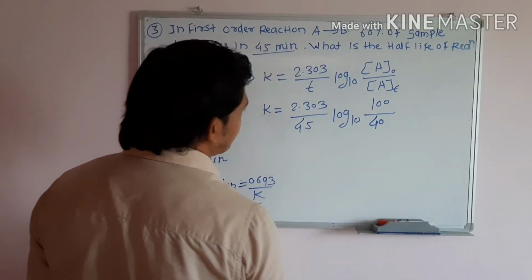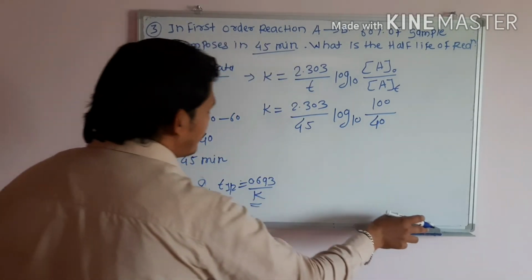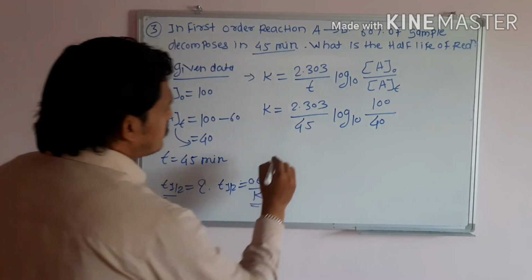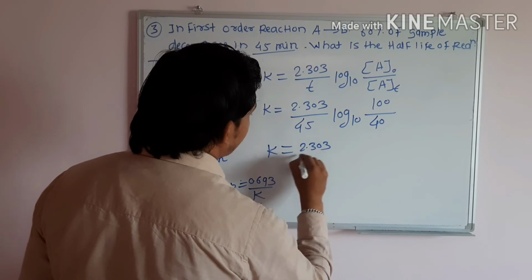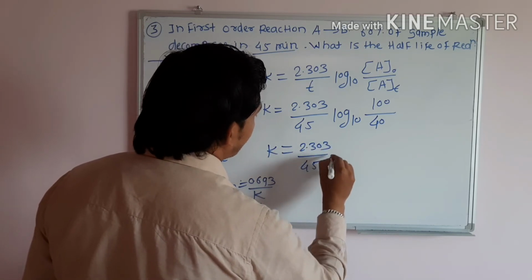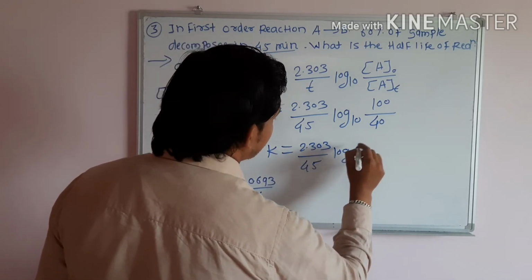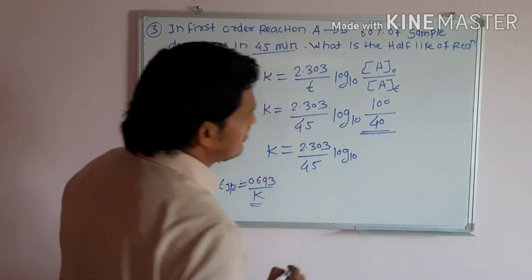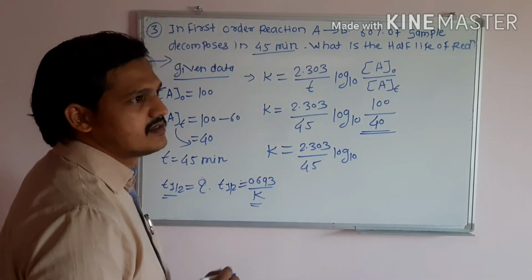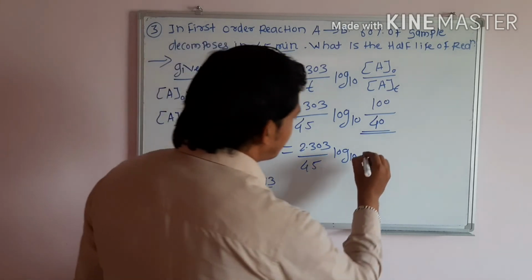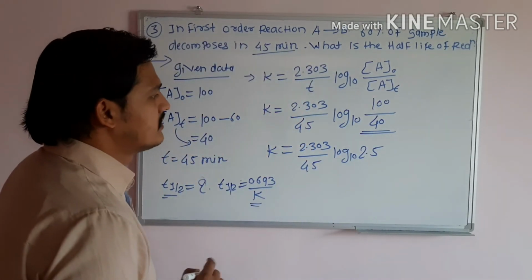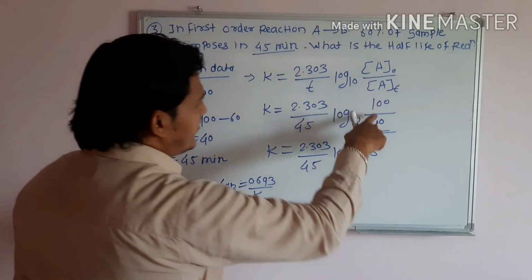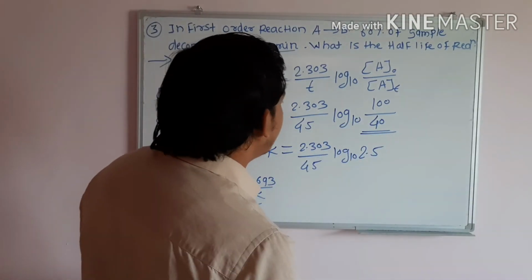Okay, so now let us solve that. So k is equal to 2.303 divided by 45, log to the base 10 of 100 upon 40. First of all, we have to solve this. 100 upon 40 is equal to 2.5.